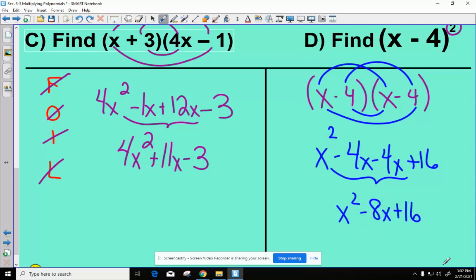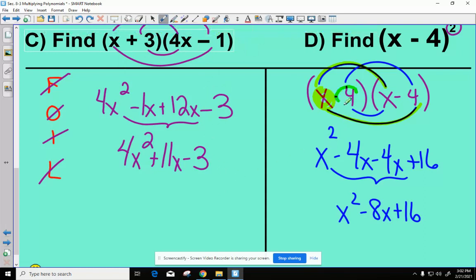All right. So the FOIL method is a way for me to just simply remember that I've got all of these together. But really, you could also think about it like double distribution. I really am distributing. This x right here has to go, if you follow the arrows, to the first term, and then it goes to the second term.